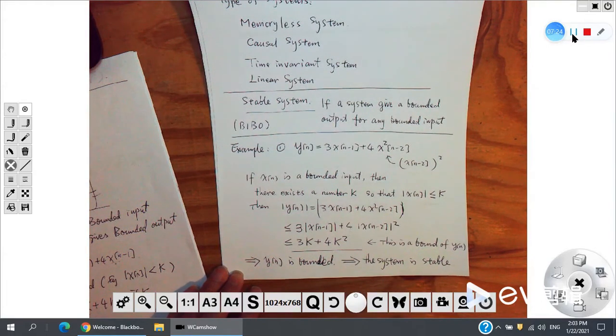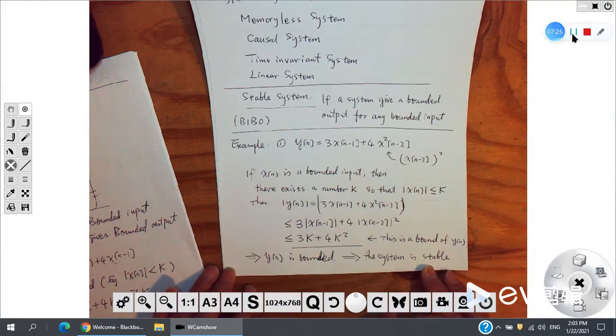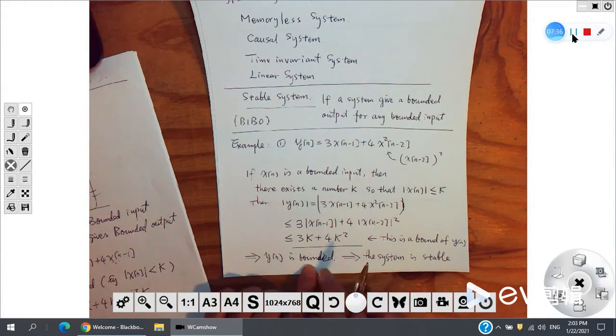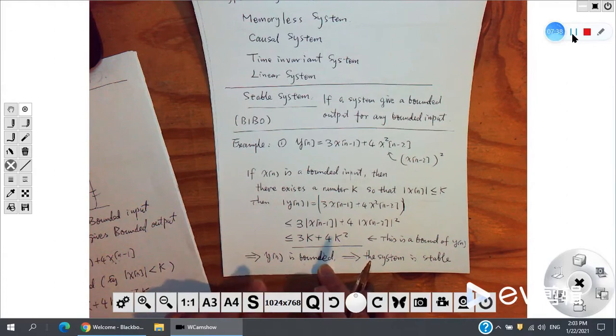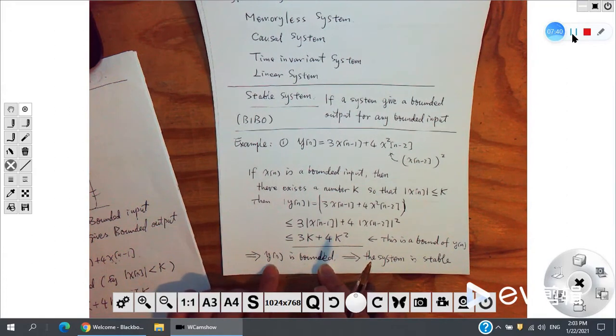Here's just one thing you have to pay attention to. Bounded and stable are related but different. Bounded is a concept for a signal. You can consider whether a signal is bounded. Stable is not for a signal, it is for a system.